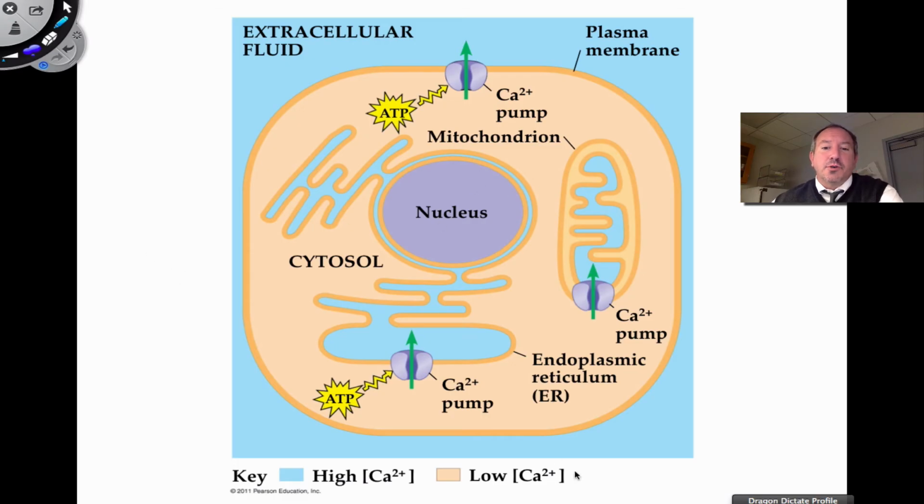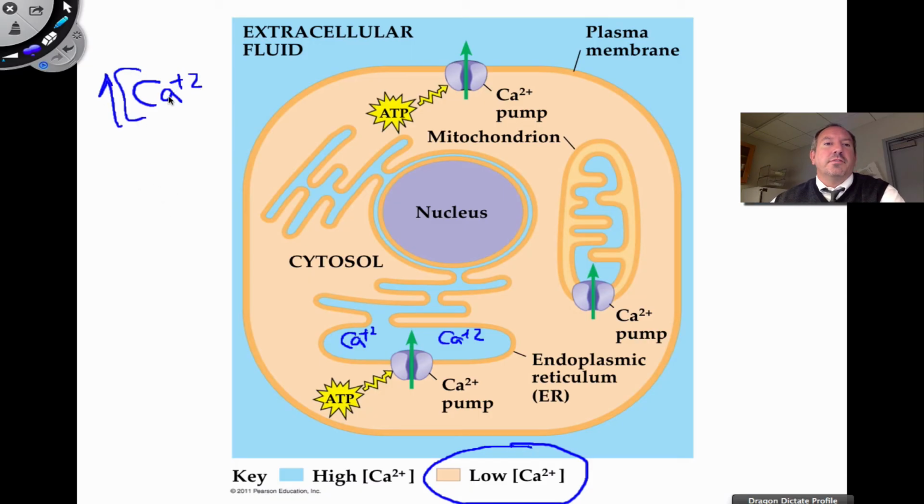As I was describing, the cell can control calcium, and it uses energy to always pump it out of the cytosol, and stores it in the endoplasmic reticulum, or it just simply releases it. The outside of the cell is really highly concentrated in calcium. It's like 10,000 times more concentrated on the outside versus the inside. So the cell concentration is really low.